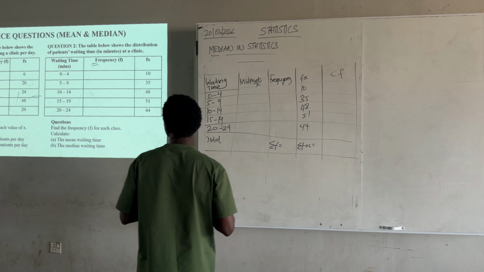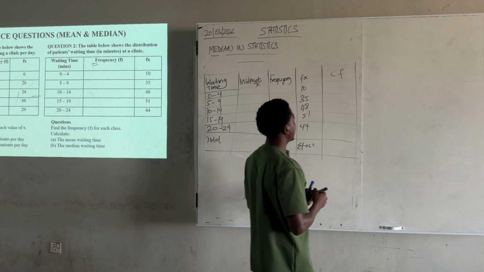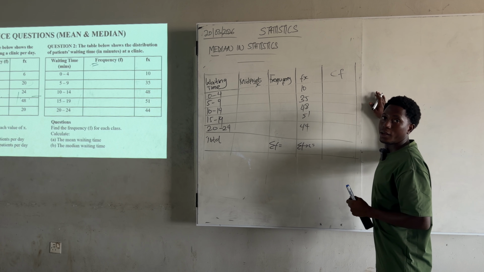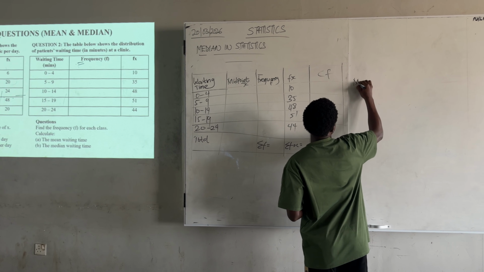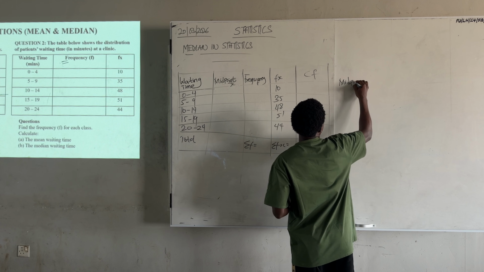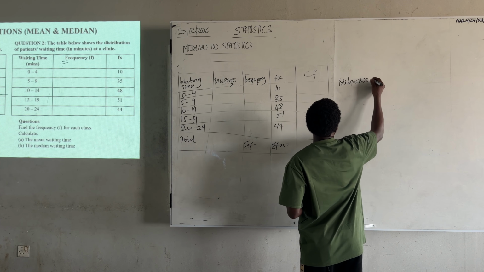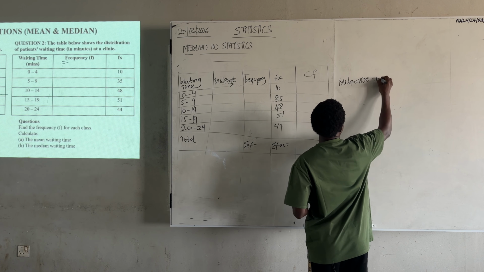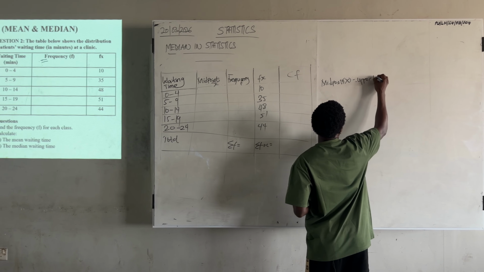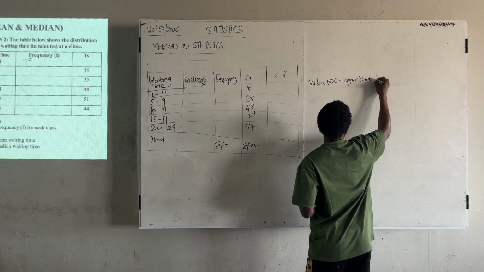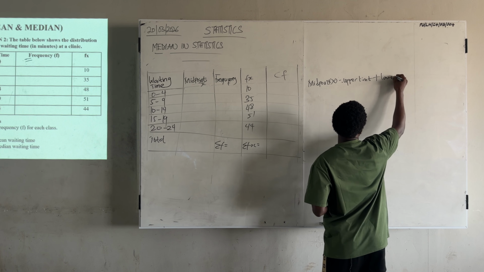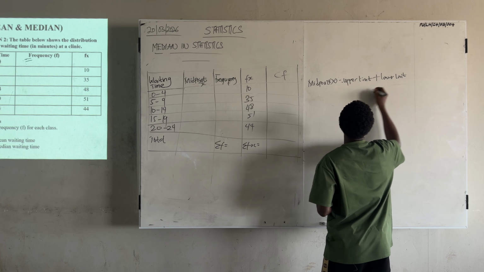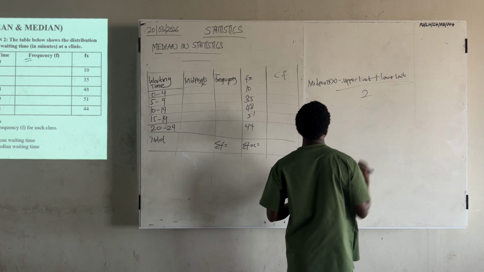So let's get the formula for the midpoint. Midpoint is equal to upper limit plus lower limit all over 2.